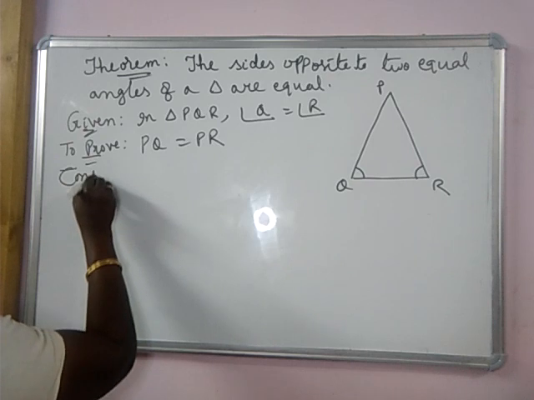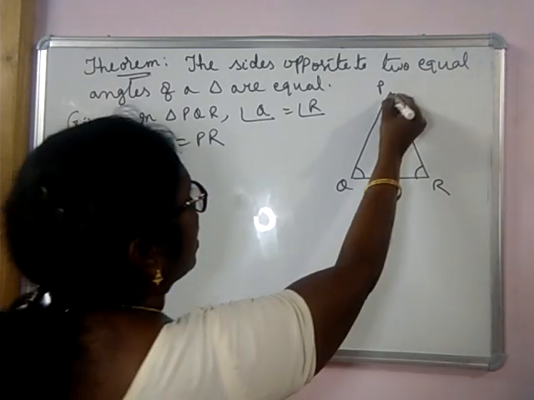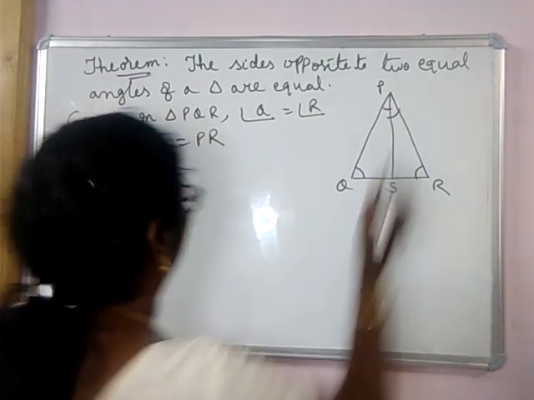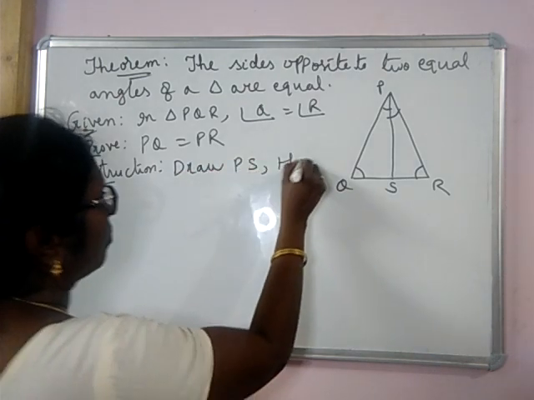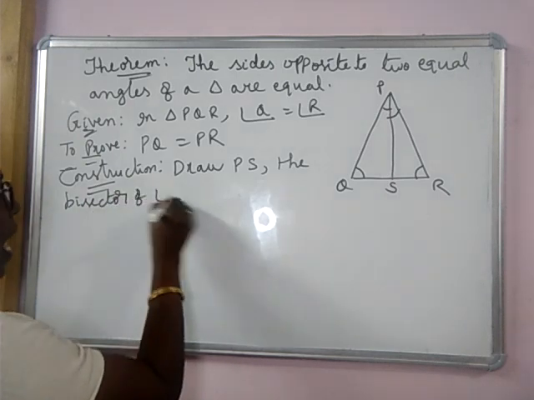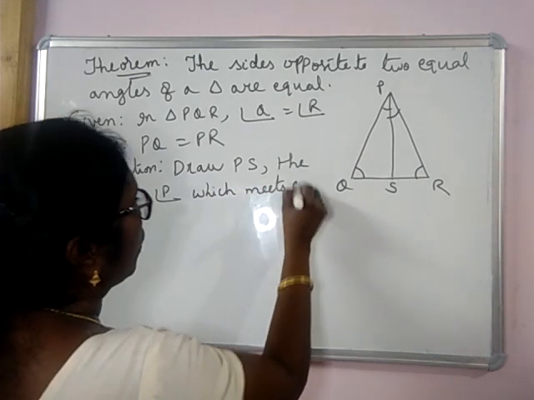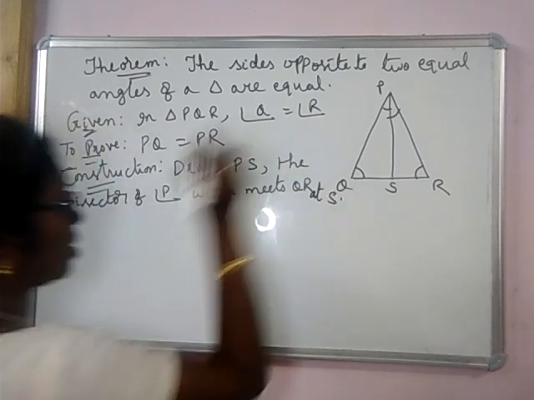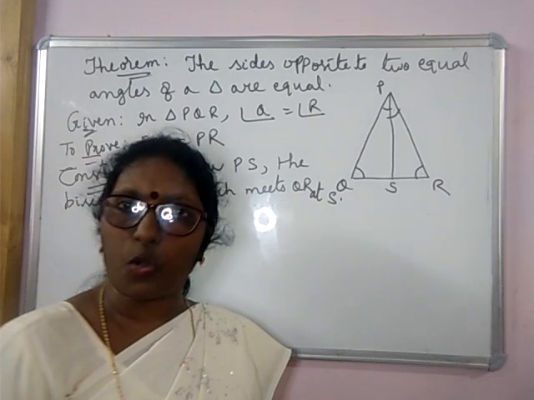In the same way, you have to do construction. We have to construct: draw PS, the bisector of angle P, which meets QR at S. Same way, let us prove these two triangles are congruent.